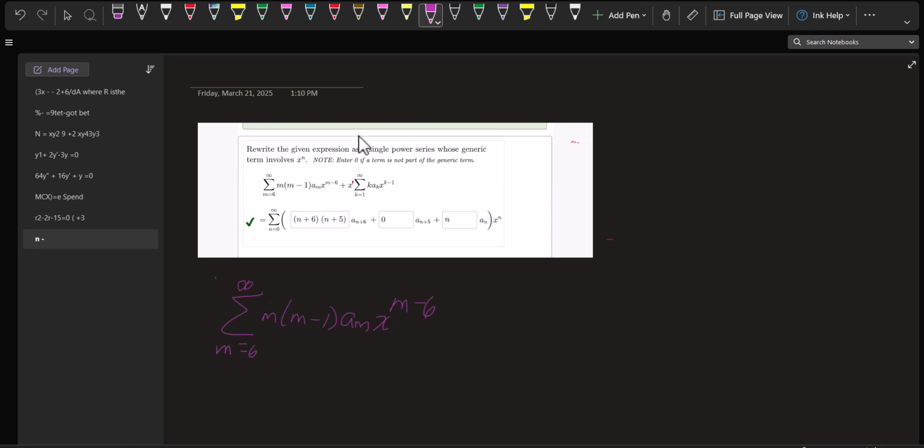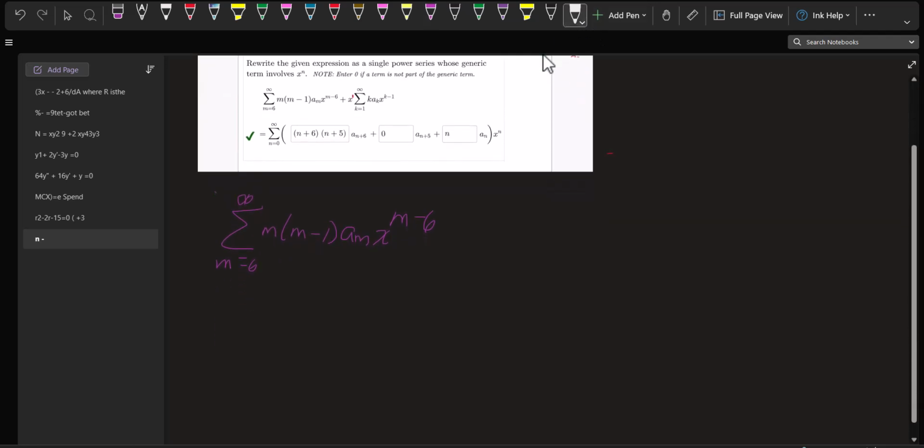So this one looks like it might work out to let n equal m minus 6. So when we do that, we get that m equals n plus 6.